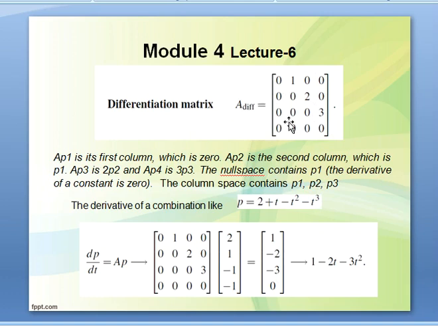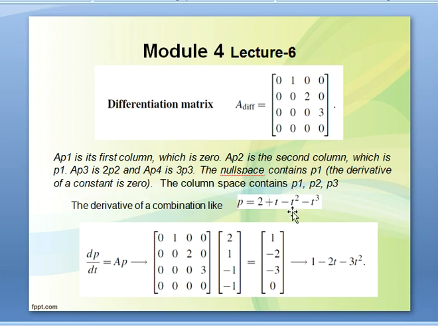Now we want to do the differentiation of an equation. Let's consider P equal to 2 plus t minus t square minus t cube. When we do the differentiation of this, we know the result.